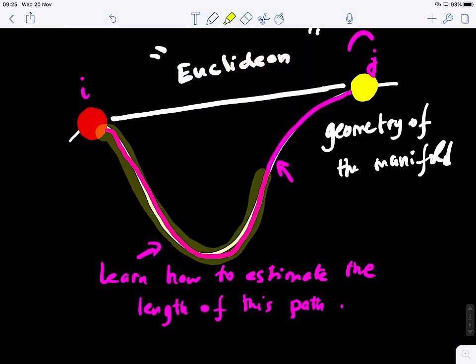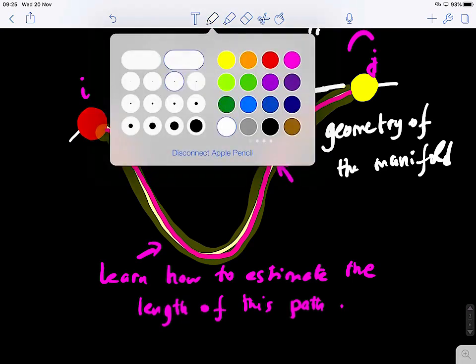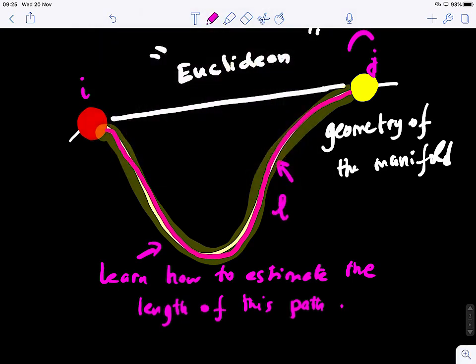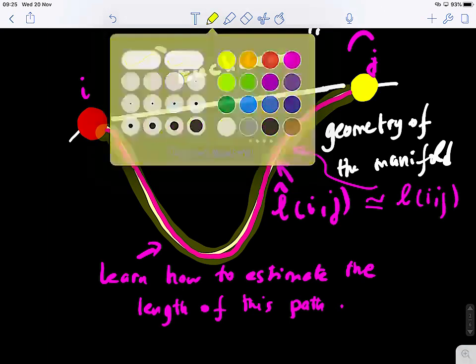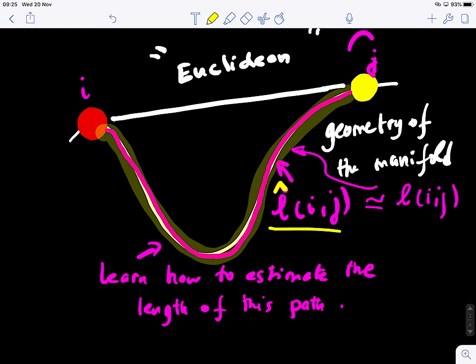All I want to know is this distance, this length, between nodes I and J. If I can get a good approximation of this length that is faithful to the geometry, the ground truth one, and this is my estimation, then it means I have approximated or learned the geometry of the manifold. So this is the idea.